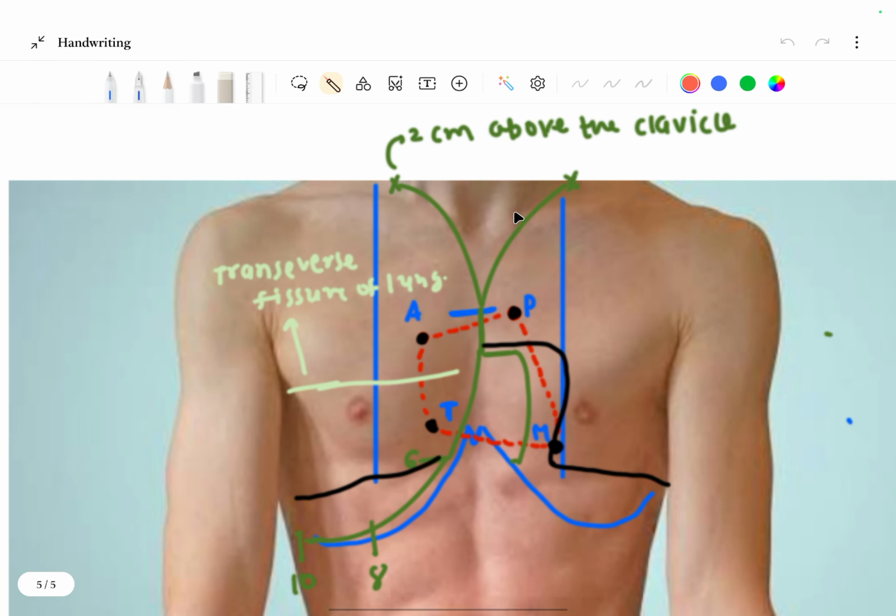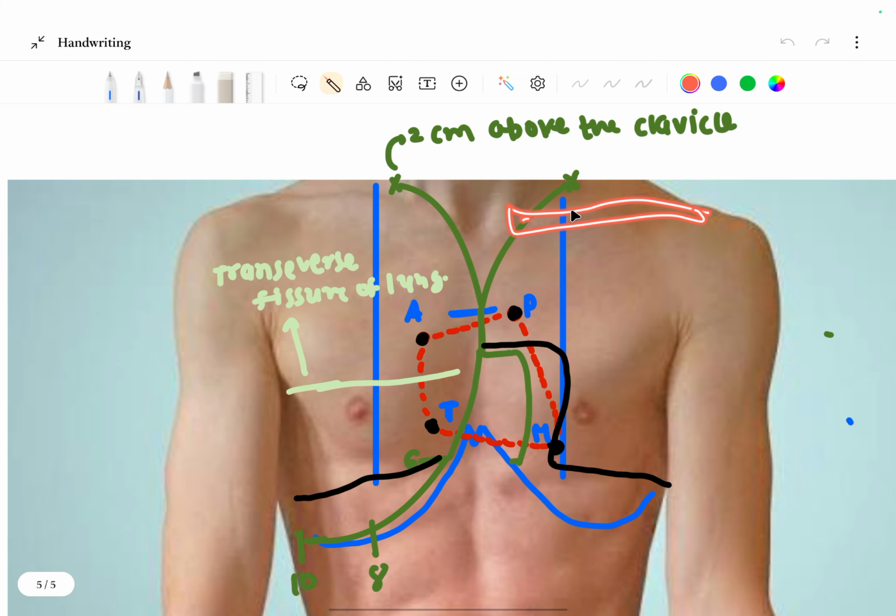So this is your apex. This is your clavicle. I talked about this point. This will be your first point.